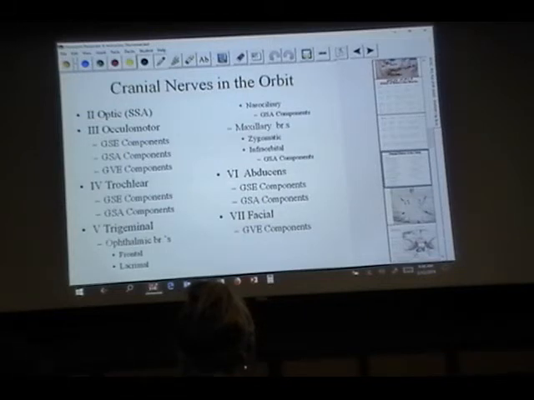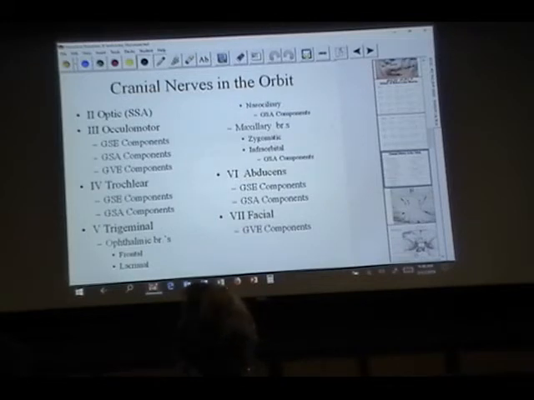The abducens nerve is the same as the trochlear: GSE, somatic musculature, GSA, proprioceptive feedback. It is innervating the lateral rectus.